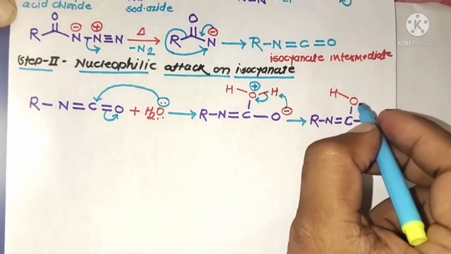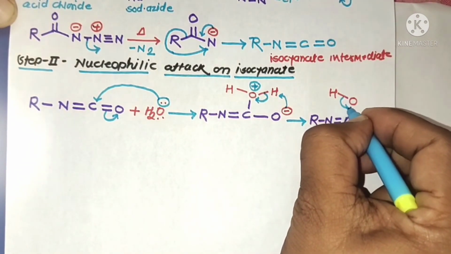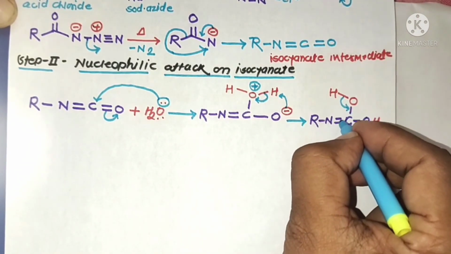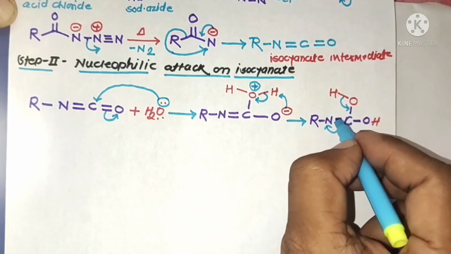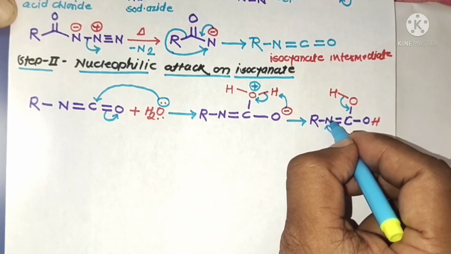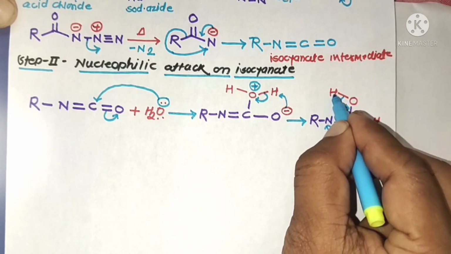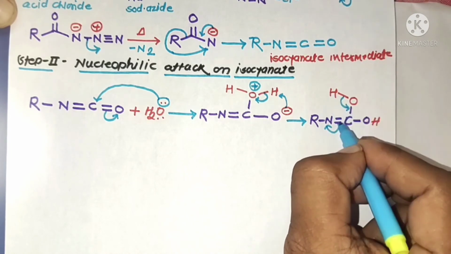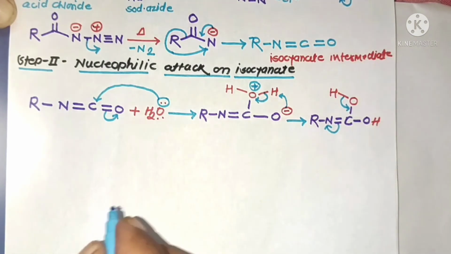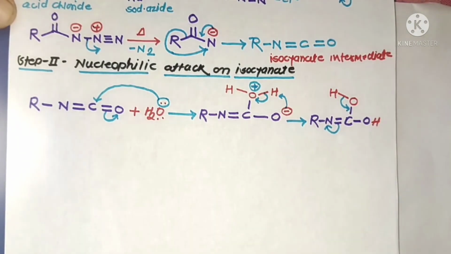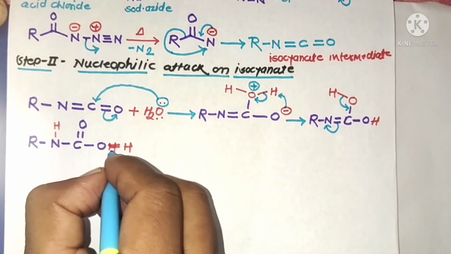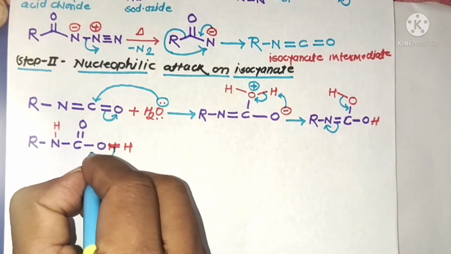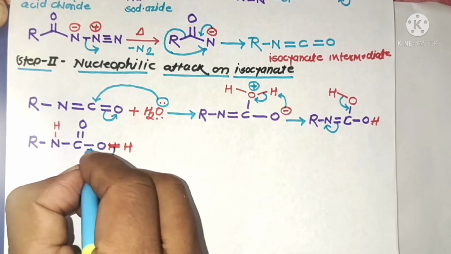Now again the bonding electrons shift to form a double bond, and then the bonding electrons shift toward the nitrogen atom, giving nitrogen a negative charge. The negatively charged nitrogen atom abstracts an H plus ion to form the molecule. Now the O-H bonding electrons shift toward the oxygen-carbon atom to form a double bond.